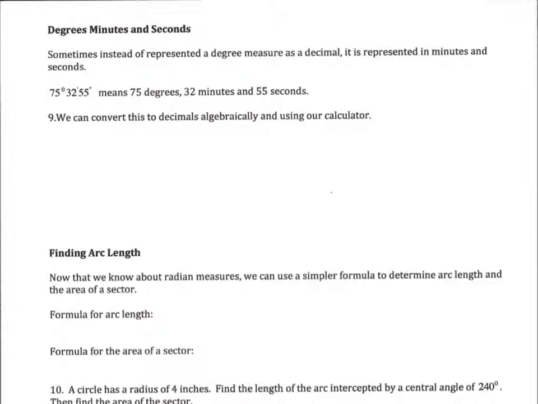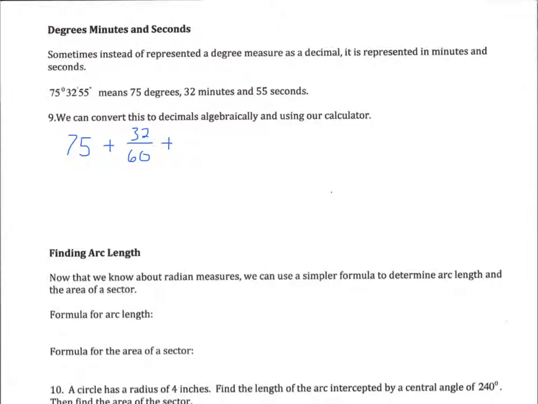So to convert this to a decimal, we have 75 plus, since there are 60 minutes in an hour, we have 32 divided by 60, and in an hour you have to ask yourself how many seconds are there.